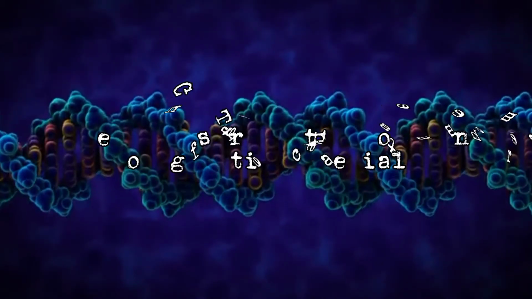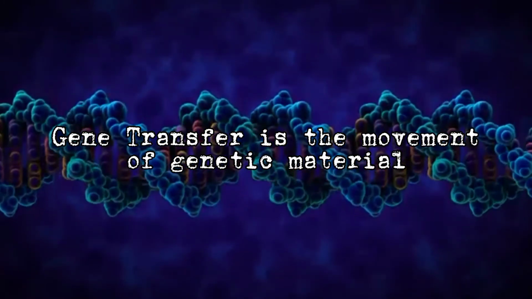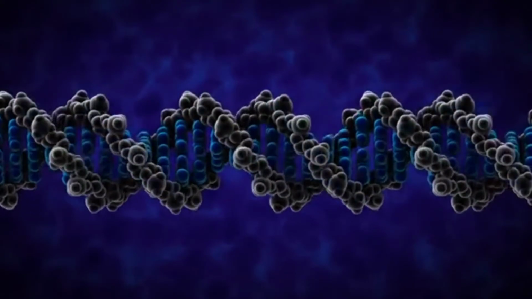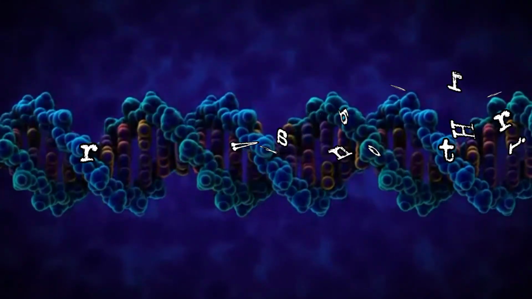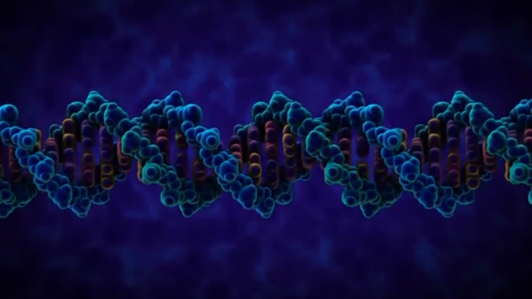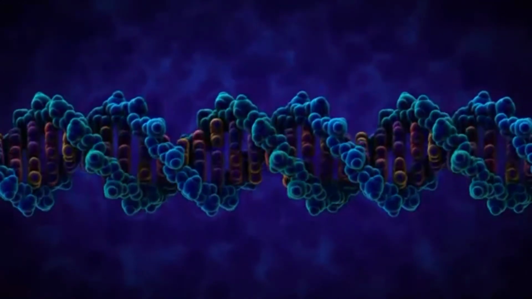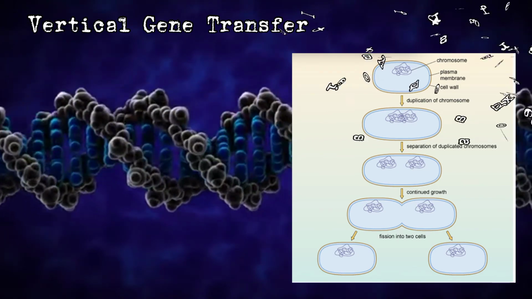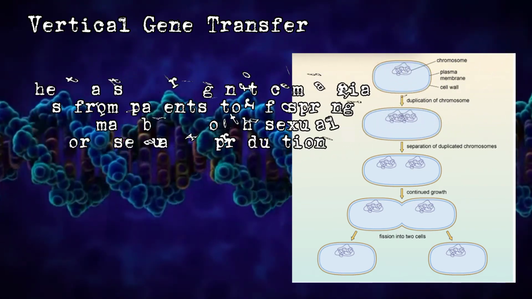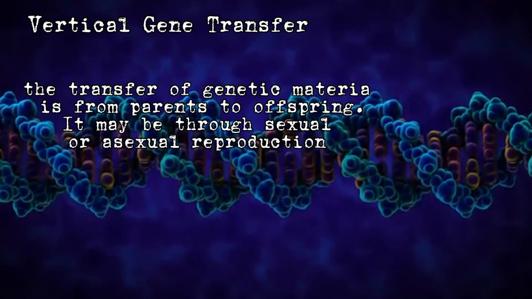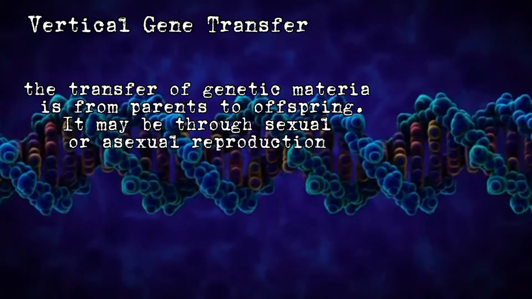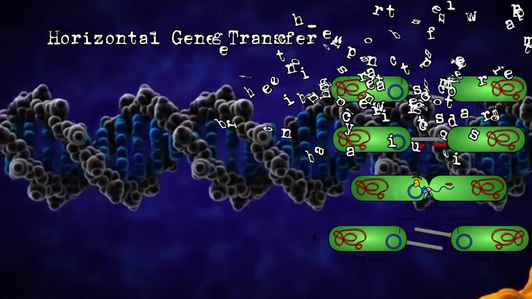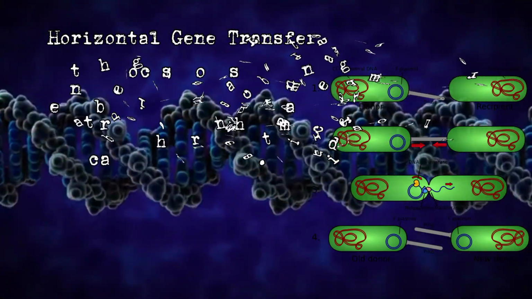Gene transfer refers to the movement of genetic material. There are two types of gene transfer: vertical gene transfer and horizontal gene transfer. In vertical gene transfer, the transfer of genetic material is from parent to offspring. Horizontal gene transfer may occur through swapping of genetic material between neighboring contemporary bacteria and is another means by which resistance can be acquired.